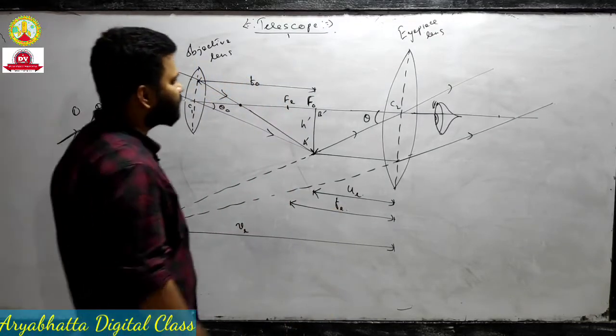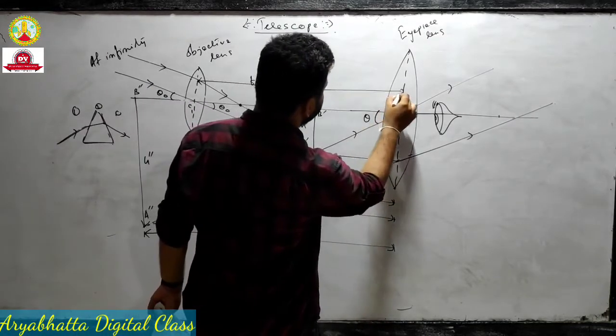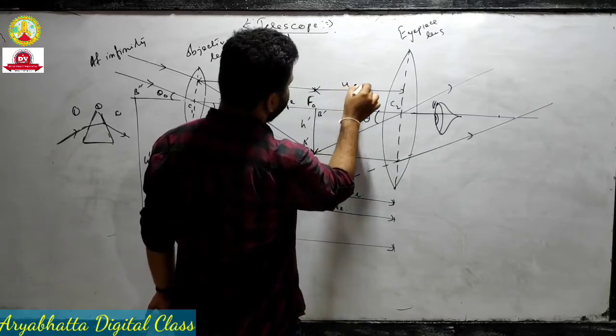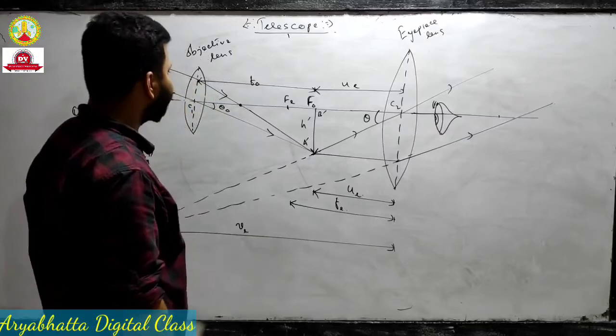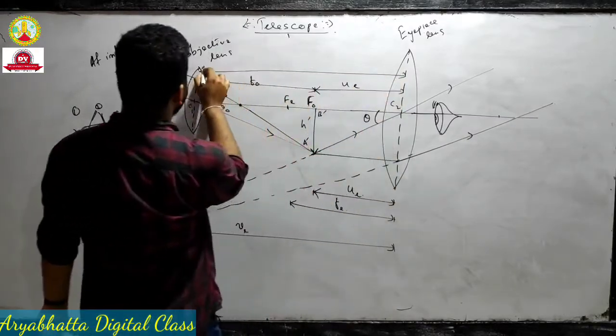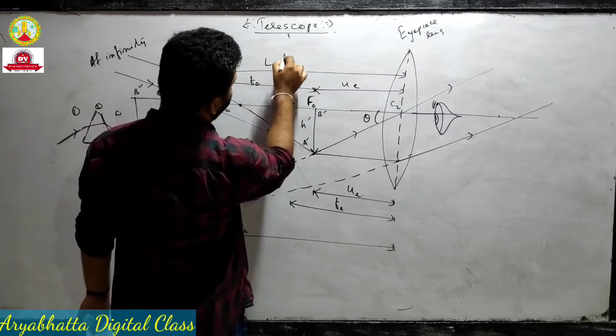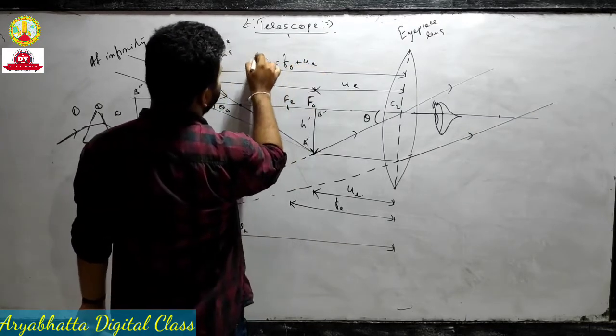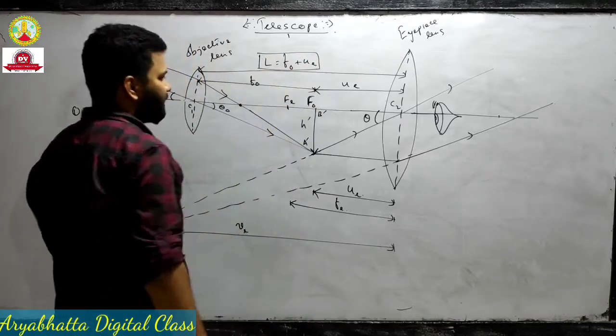Okay. So this distance is nothing but UE. So what is the length? Length will be from this one to this one. So length of the telescope L equal to F naught plus UE. This is the formula of length of the telescope.